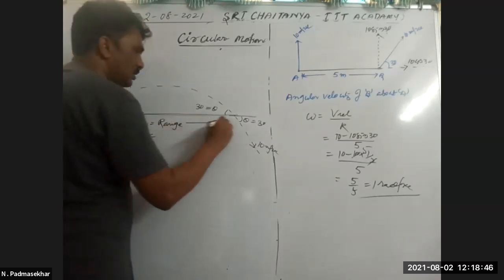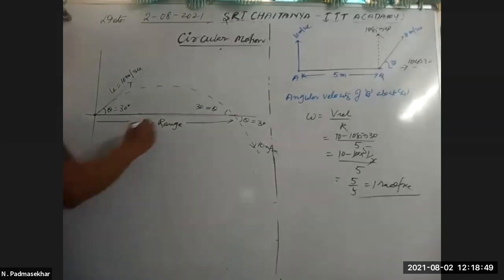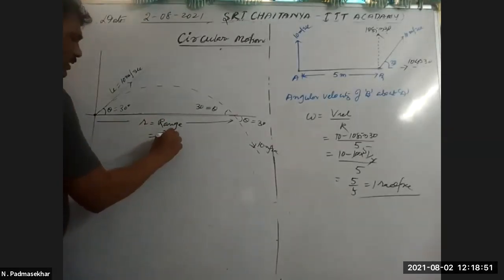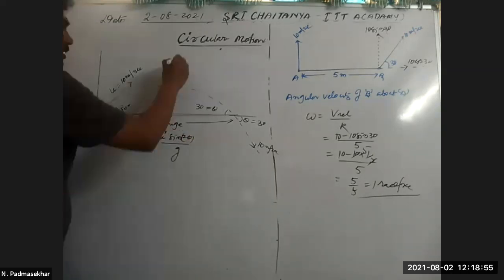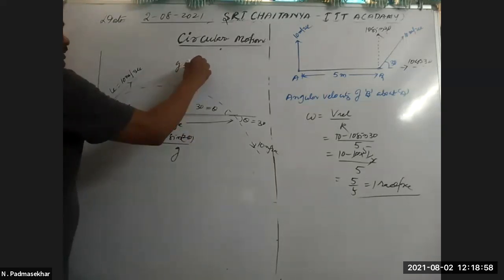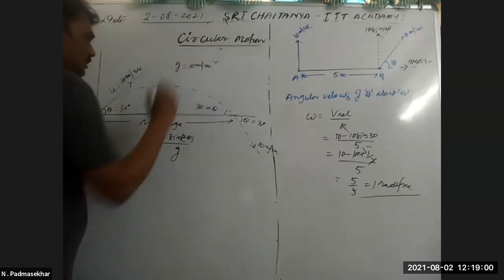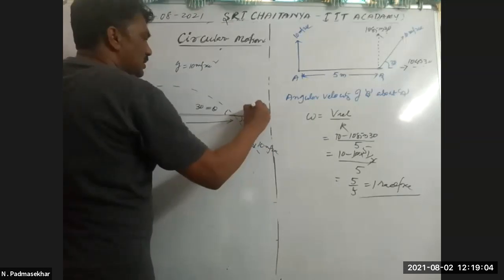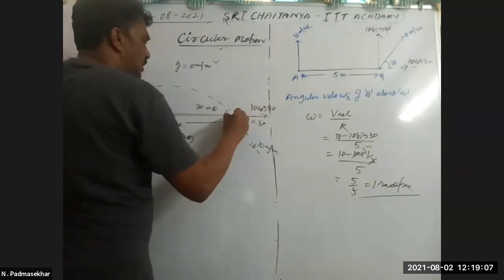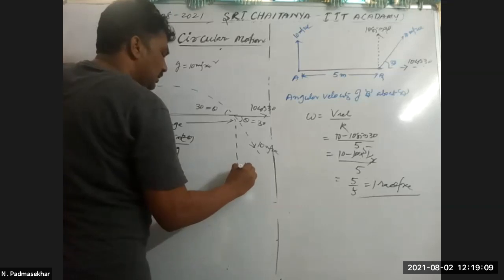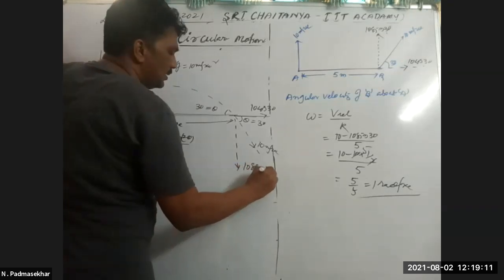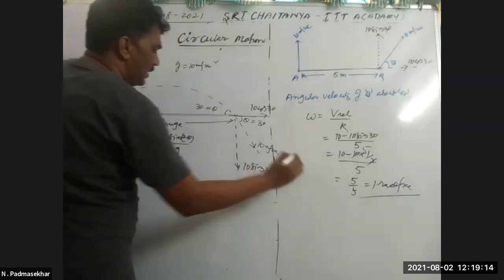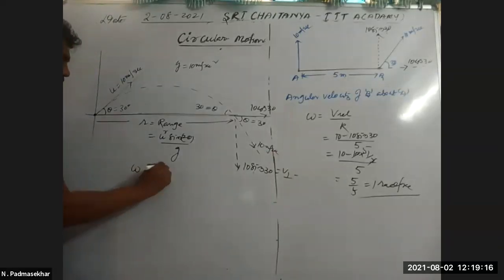From here to here we call it the range in projectile motion. So range means u square sine 2 theta by g, and g is taken as 10 meters per second square. For this, it is the perpendicular velocity. This is 10 cos 30, and this is 10 sin 30. So 10 sin 30 is the perpendicular velocity. The angular velocity is equal to v perpendicular by r.